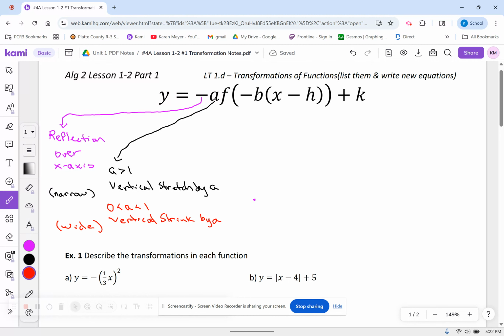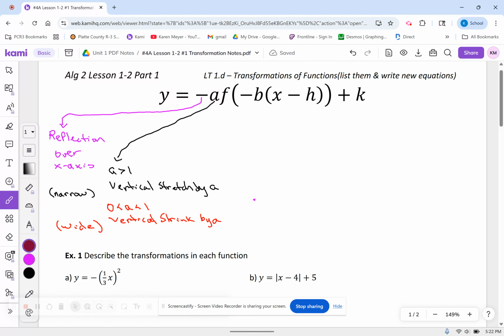Now, the letter F just stands for the type of function. So it means nothing in the transformation. Do not worry about the letter F. It just stands for the function type. Then I have some stuff inside the parentheses. Now, the parentheses could be an absolute value, a square root, a cube root, or it could just be a parentheses.